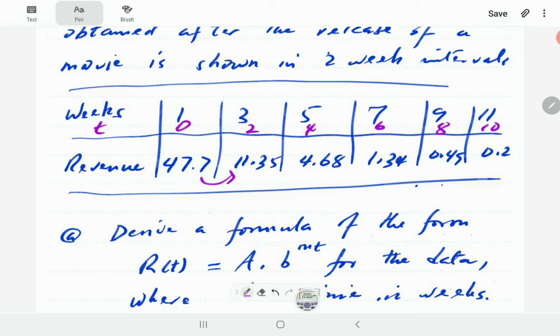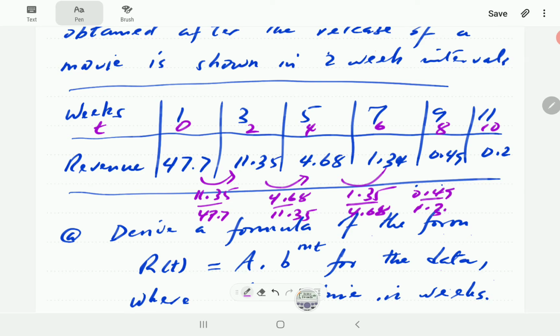Then we're going to divide these. So 11.35 divided by 47.7. Here 4.68 divided by 11.35. 1.34 divided by 4.68. 0.49 divided by 1.34, and lastly 0.2 divided by 0.49.